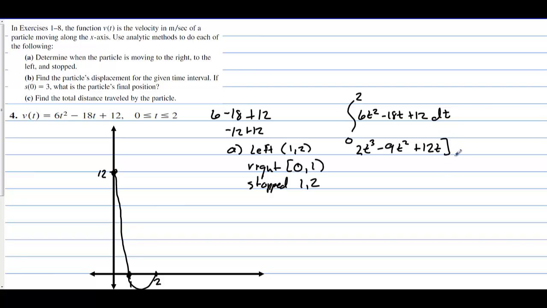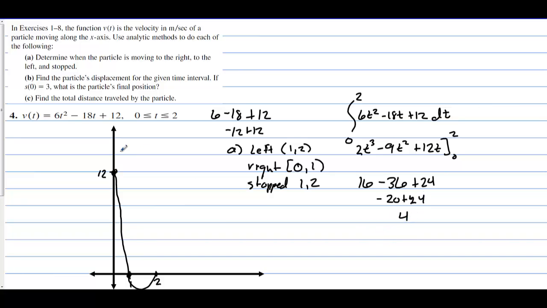And we will evaluate that from 0 to 2. 2 to the third is 8. We have 16 minus 4 times 9 is 36. And 2 times 12 is 24. When we plug 0 in, all of that will be 0. -20 plus 24, that is 4.